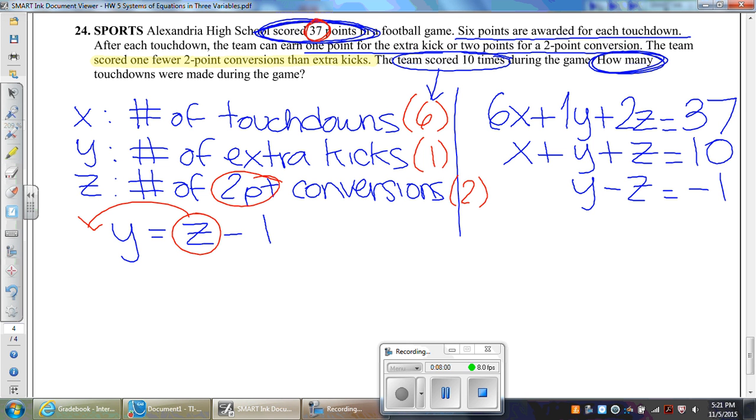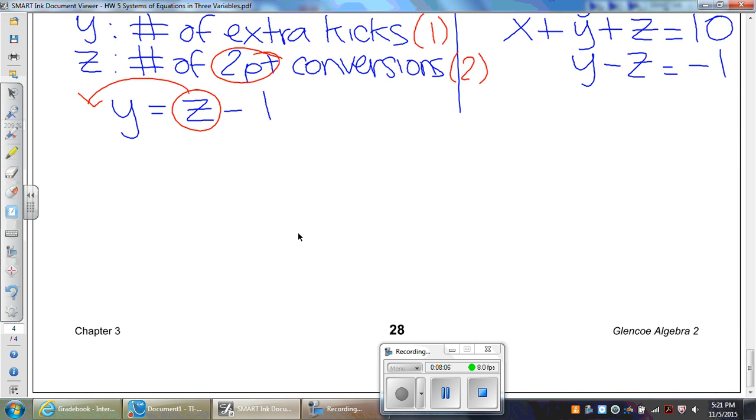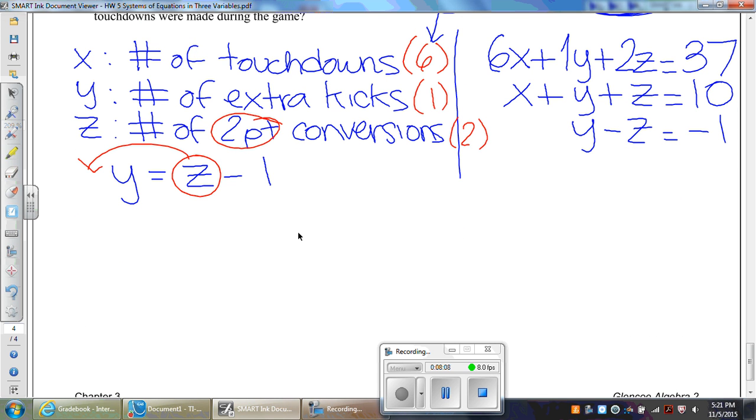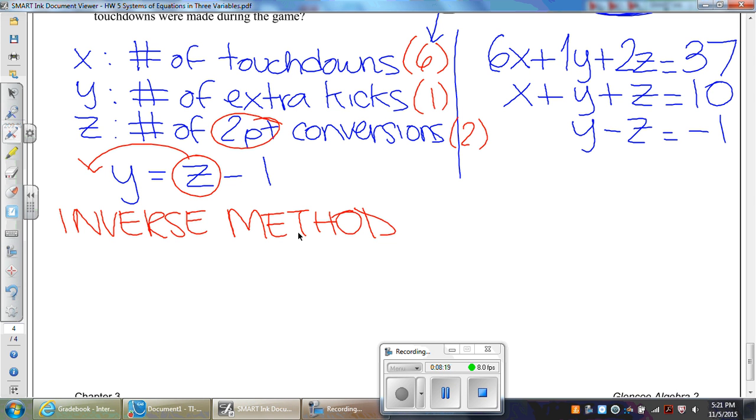Now, your exam also mentions a different way to solve a system of equations, and that one is called the inverse method. For the inverse method, you have to consider 3 matrices. The first matrix is called A, which represents the coefficients. So the coefficients are being represented by 6, 1, and 2.